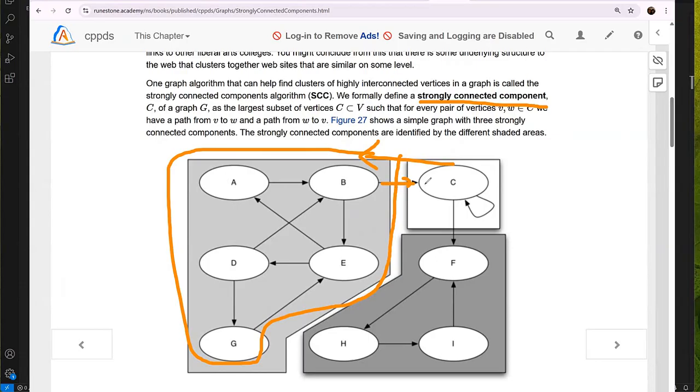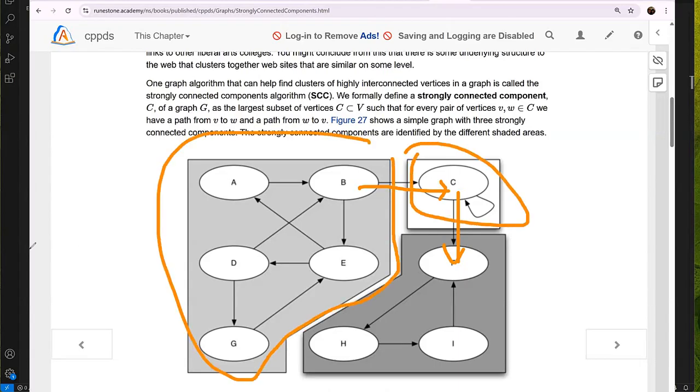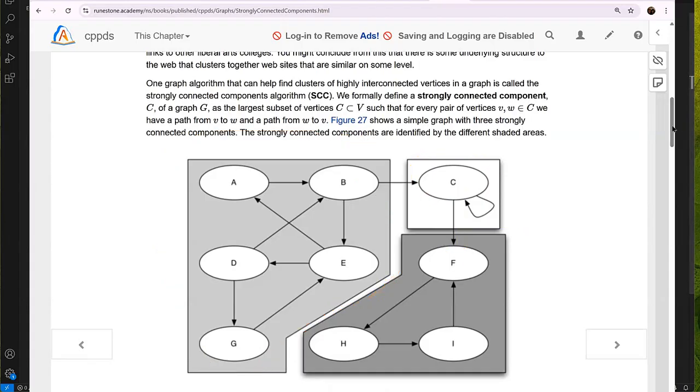If it is a directional graph, then you must have one way to go here and another way to go back. Otherwise, it's not considered strongly connected. You need to have one way to go from A to B and another way from B to A. Then we say these two nodes are strongly connected. If there's only one way, then this one is a separate connected component. So that's the concept.